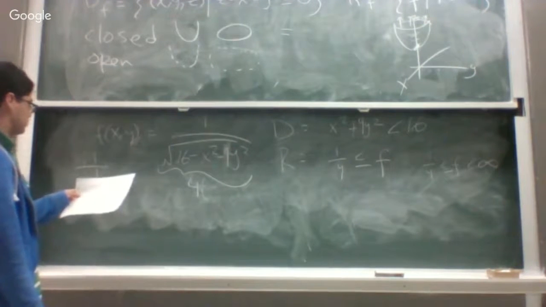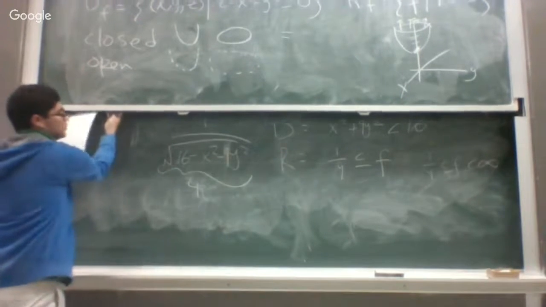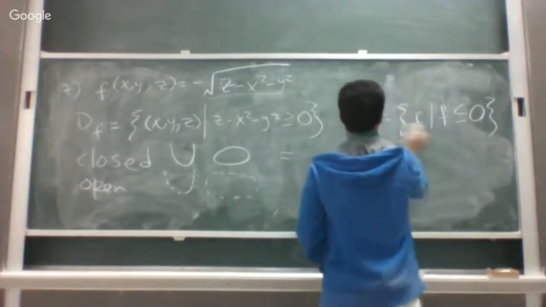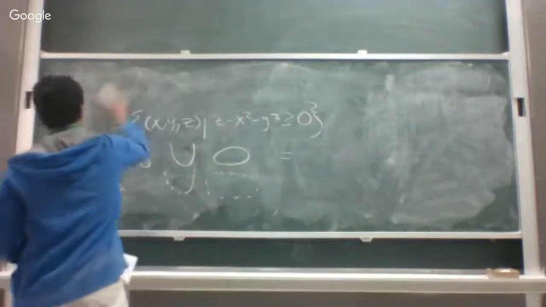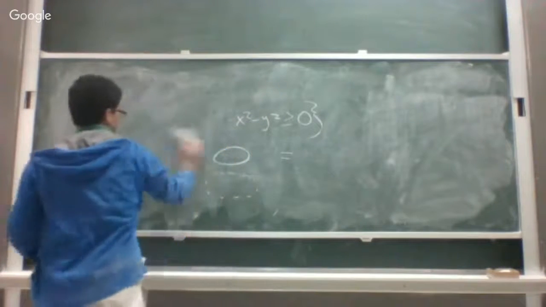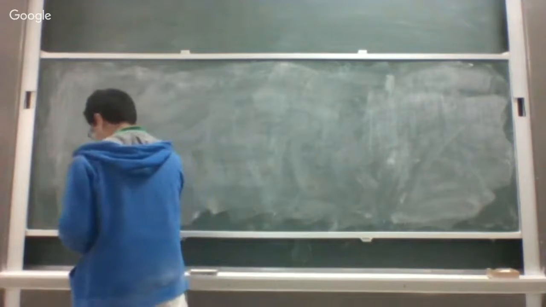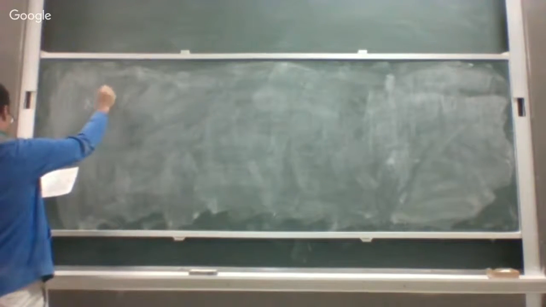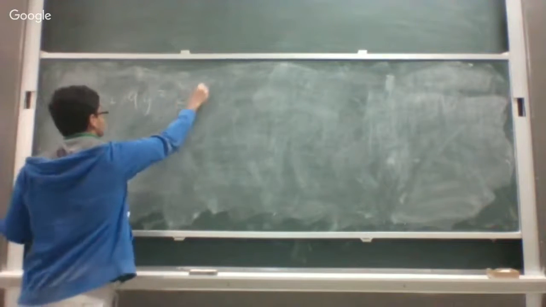Okay. Now to find the equation for the boundary, sketching the region of the domain. So we had x squared plus 9y squared less than 16.